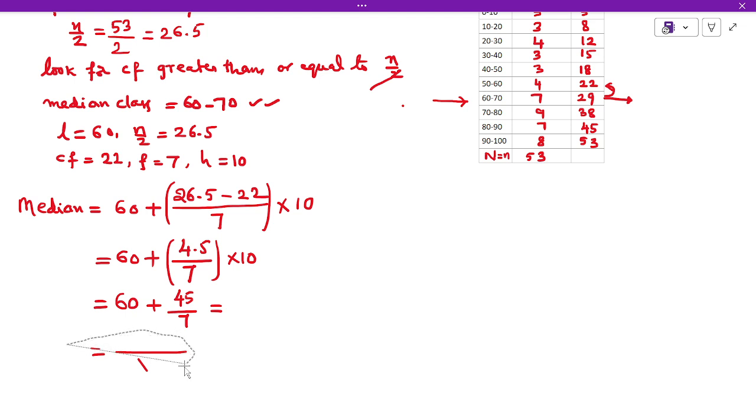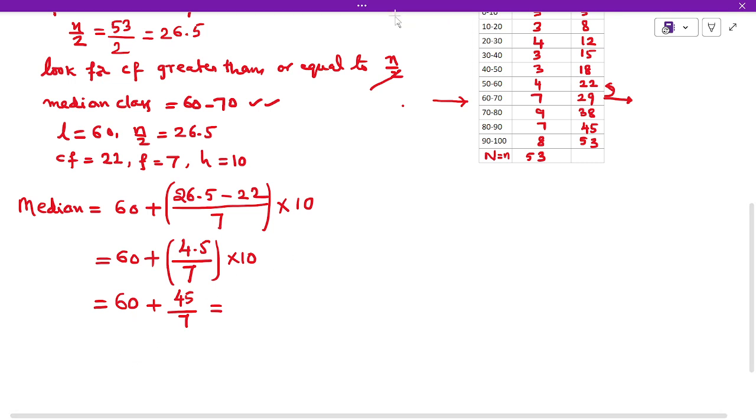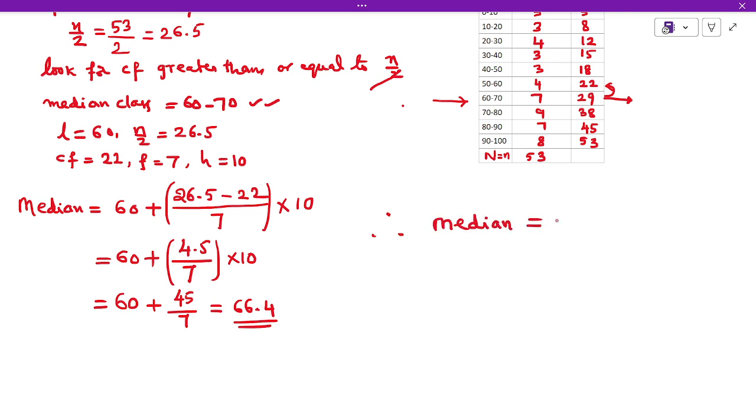Let me erase this. If you simplify this, you would get the value 66.4. So the median of the given data is 66.4.